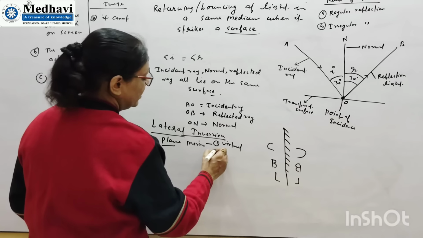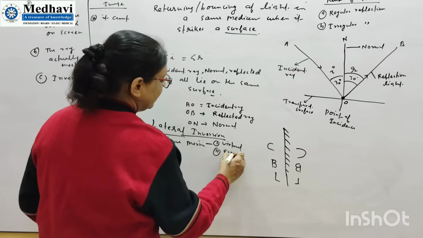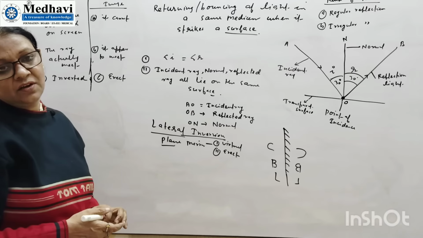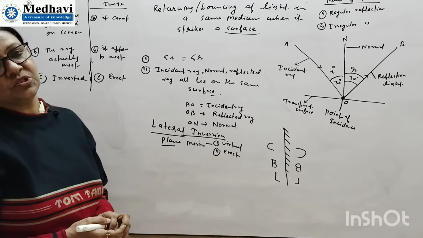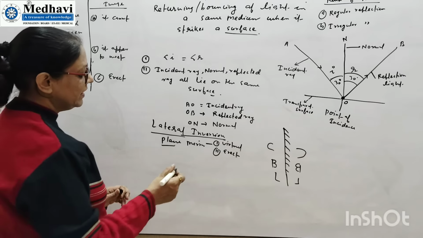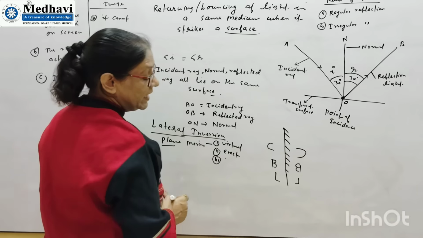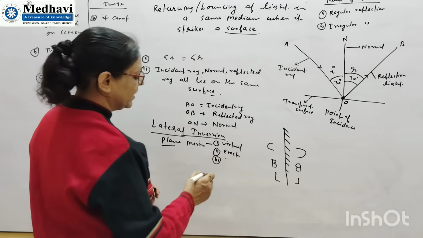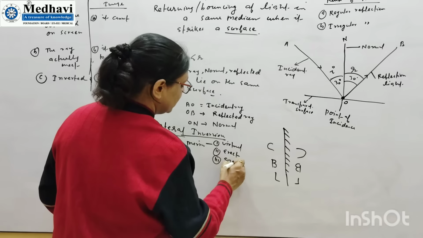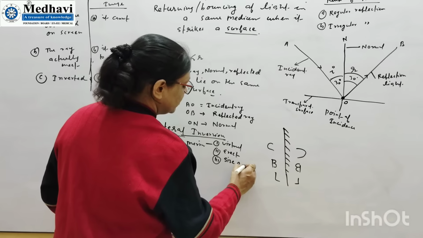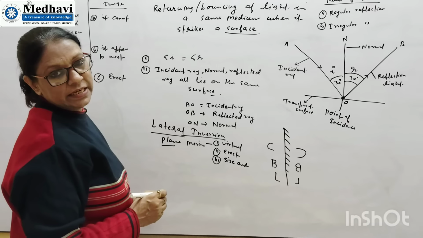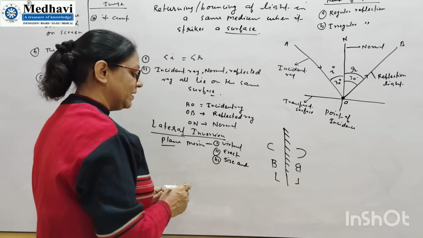Second, the image must be erect. Very important, it must be erect. Third, in a plane mirror we get an image that is the same size as the object. So the size and distance of the image will be the same as the size and distance of the object from the mirror.